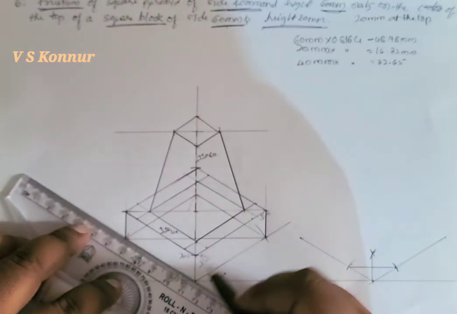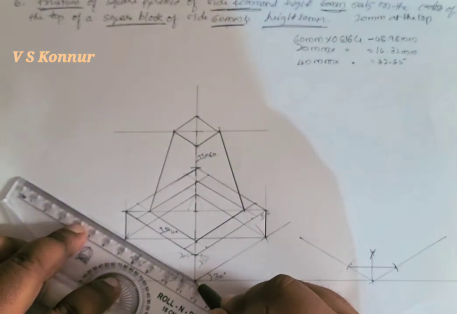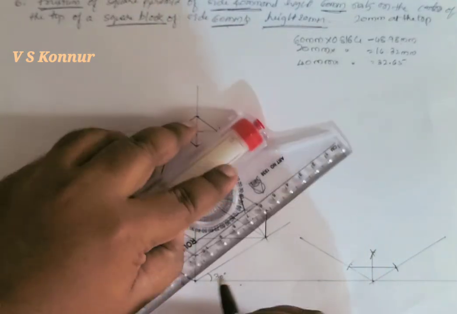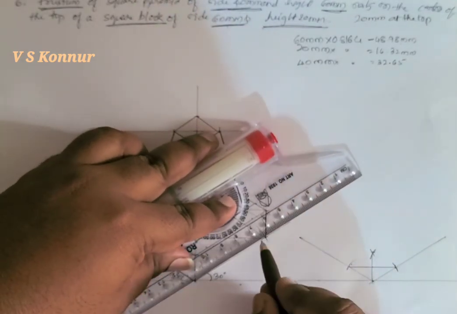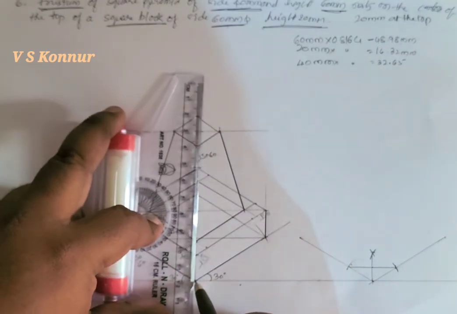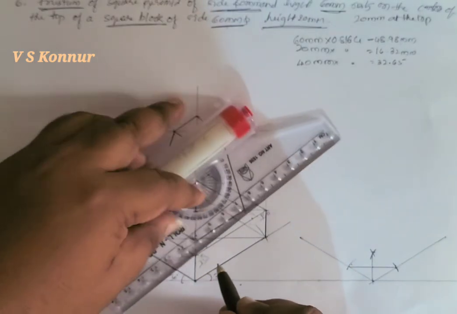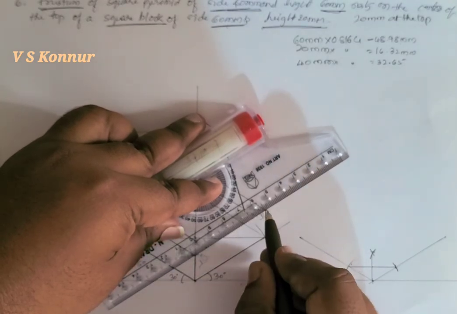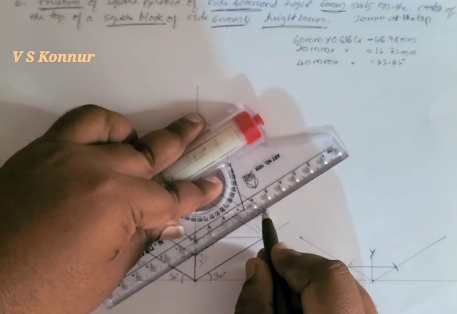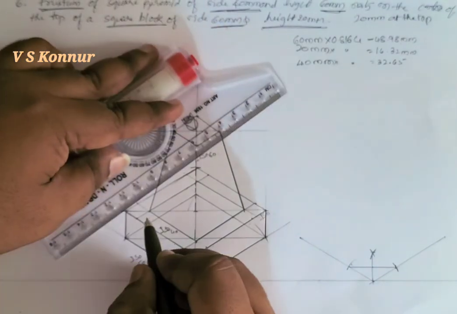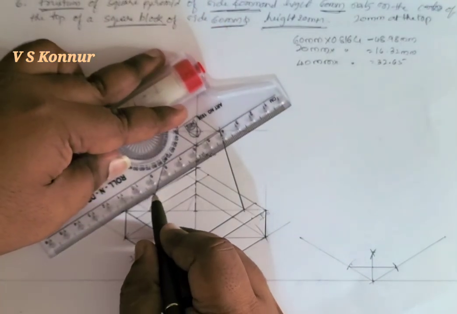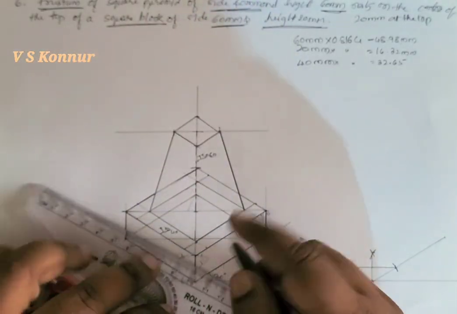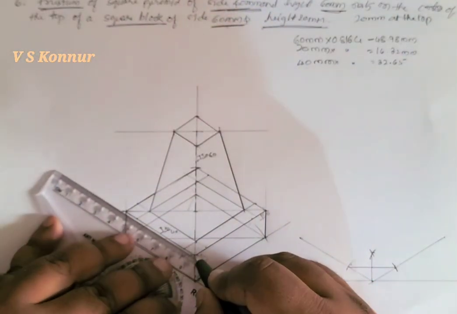No need to make dark those which are not visible; you can make them construction lines or just dash lines.